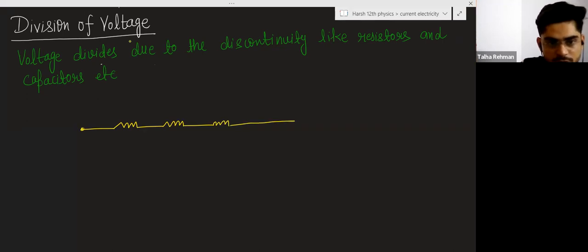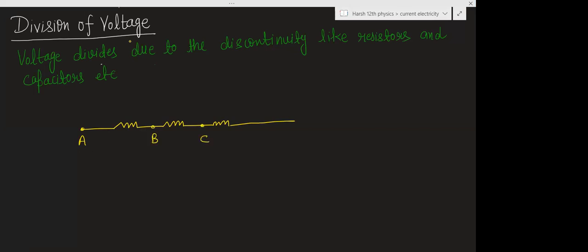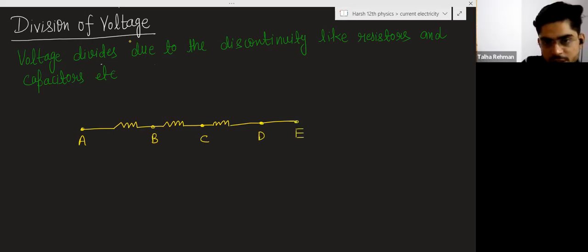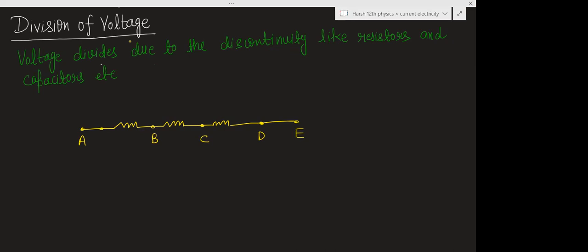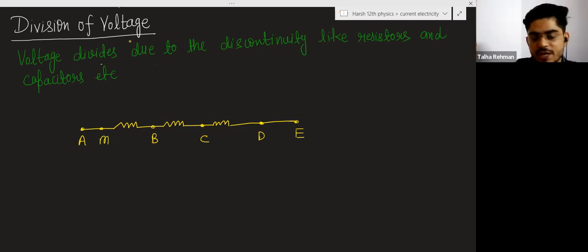now this is point A, this is point B. I am just taking the points. This is point C, this is point D, this is point E, and take this point as M. A, M, B, C. We have these points on the wire. So here the voltage is VA.